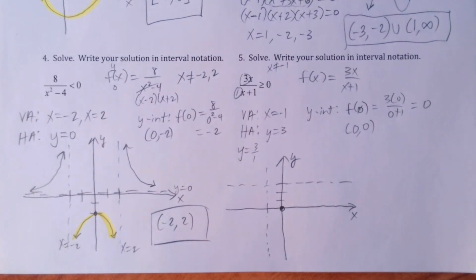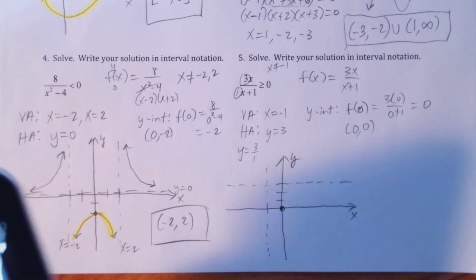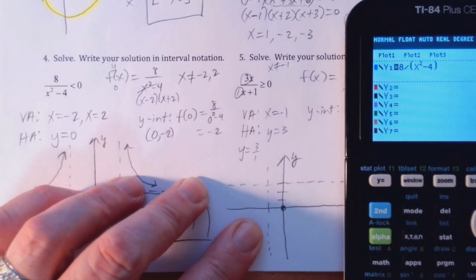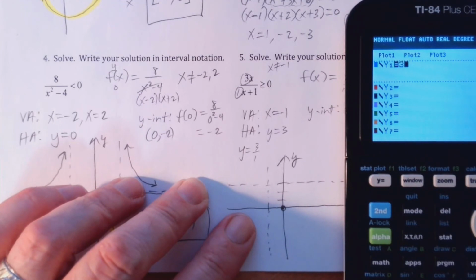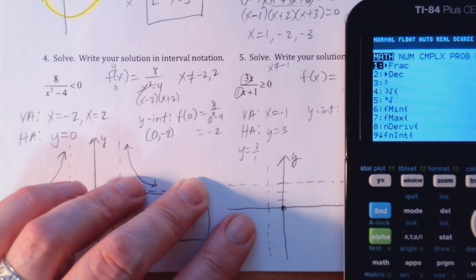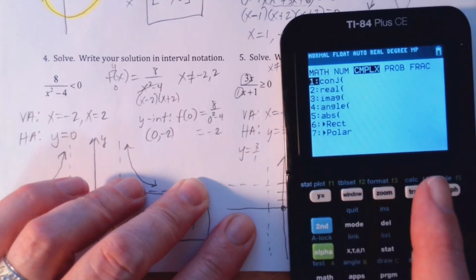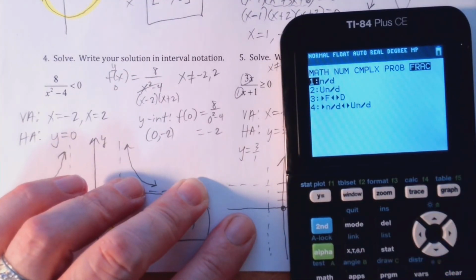And so again, let's go ahead and put this into the calculator to finish our graph. So it's 3x divided by, actually I think I'll do it the other way so you can see that. I'm going to hit math, and you can go to the far right and choose fraction.